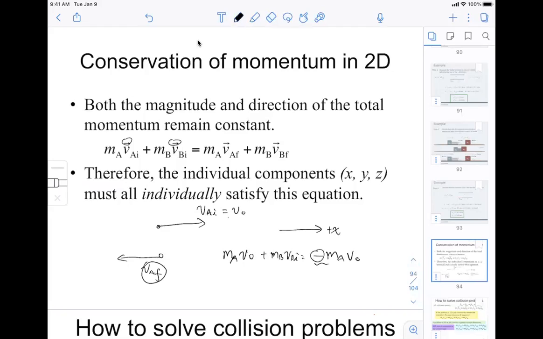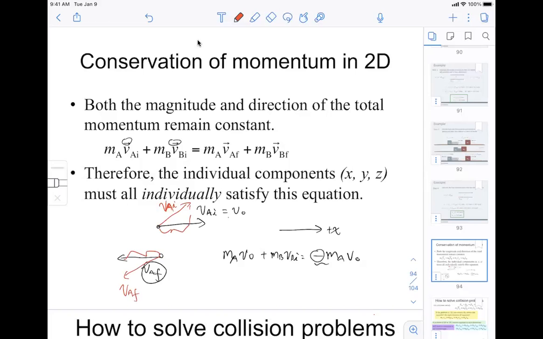When it's 2D, it's exactly the same. So for example, if this is my VA initial, and this is your VA final, you look at the x component, and if it's flipped direction, you add a negative sign.